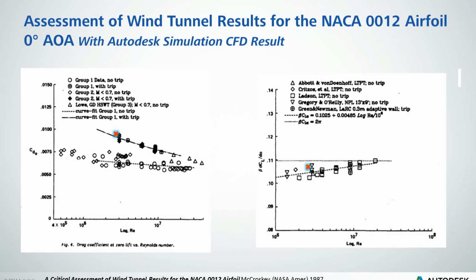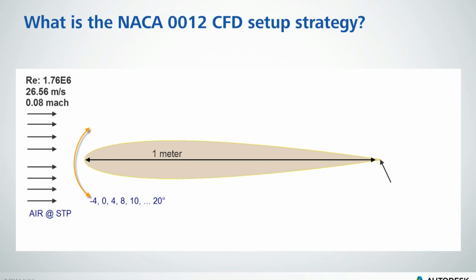So what is our strategy going to be for modeling the NACA 0012? Of course, we're going to have an airfoil. We're going to be using a 1 meter chord. The tail of the airfoil itself is going to be that rounded geometry instead of a fixed tip, so our angles on the back end fit the airfoil equations perfectly.